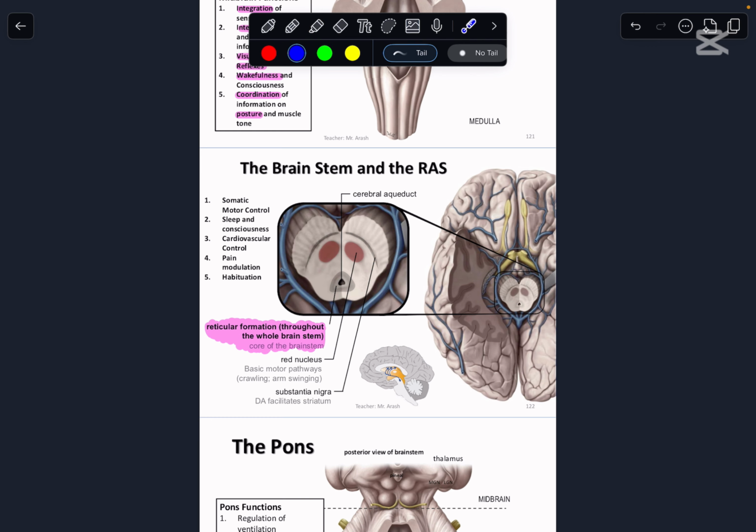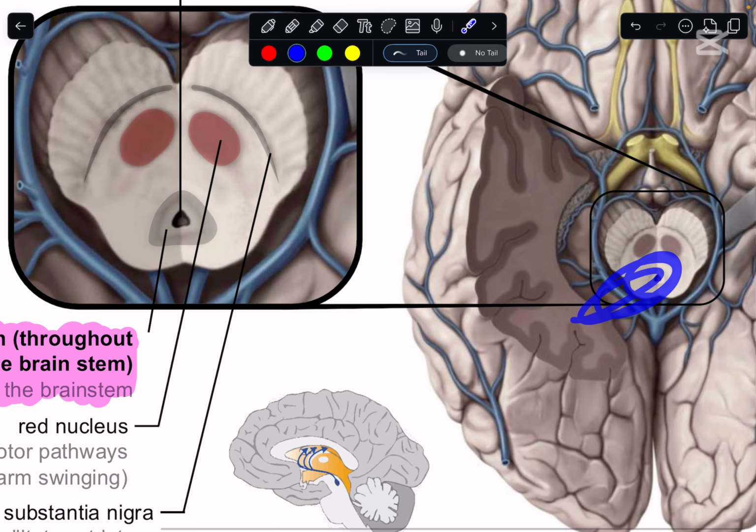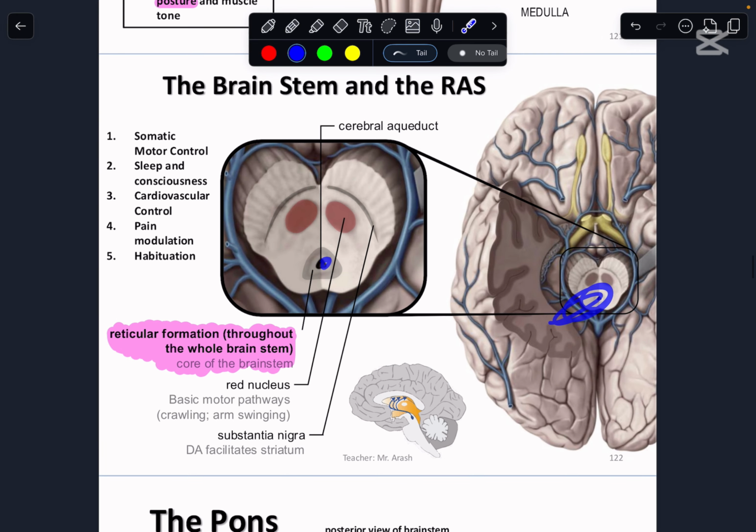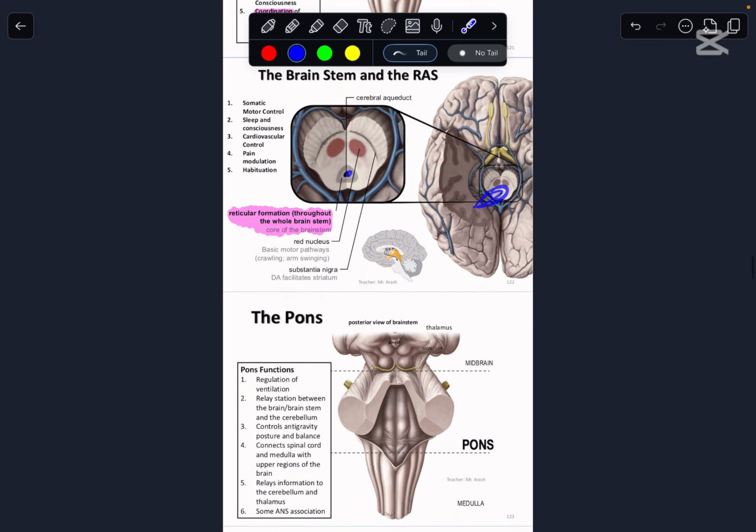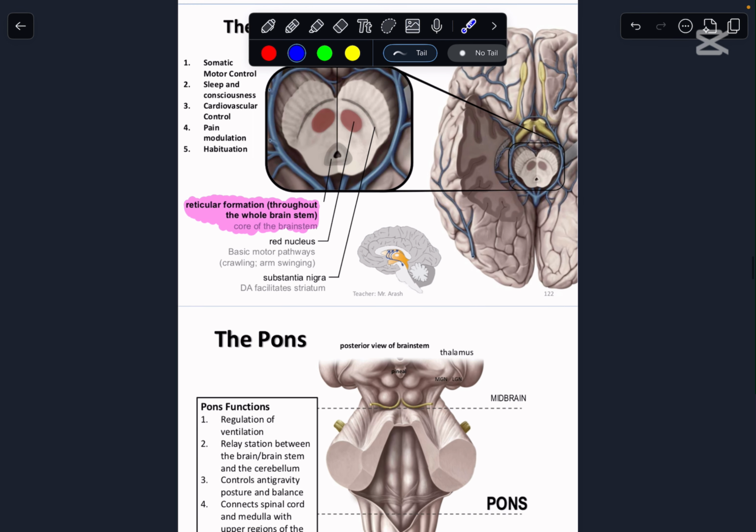Just understand the reticular formation is right in the middle. It's like a canal, as you can see here as well, which allows for these neurotransmitters to go up and down. Around it, you can see there is the substantia nigra, which forms a lot of dopamine. You don't need to know that, and the red nucleus, which has to do with basic motor pathways.